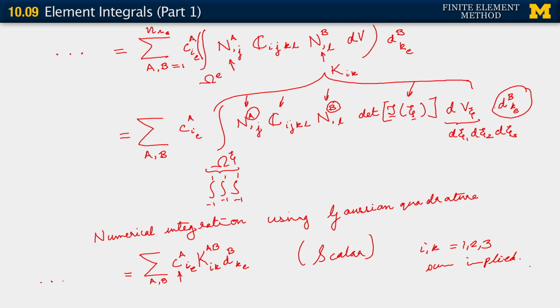So I do not have an explicit summation here, but over the A and B indices, I do have an explicit summation. It's just a matter of taste in terms of what I choose to write as an explicit summation and which I choose to invoke the Einstein summation convention on. The fact that I'm invoking Einstein summation convention on the spatial indices, spatial dimensions, comes from a sort of hangover of continuum physics.